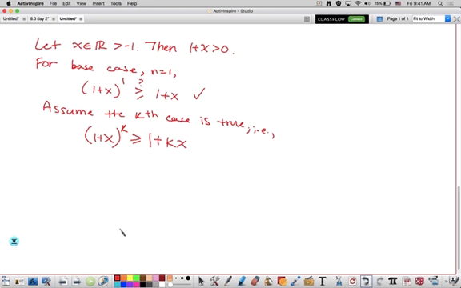Okay, so we assume that, and assume that for all n between 1 and k. So that's the kth case. Next sentence, show P(k+1) is true. Well, let's just do that by going through and showing that algebraically.